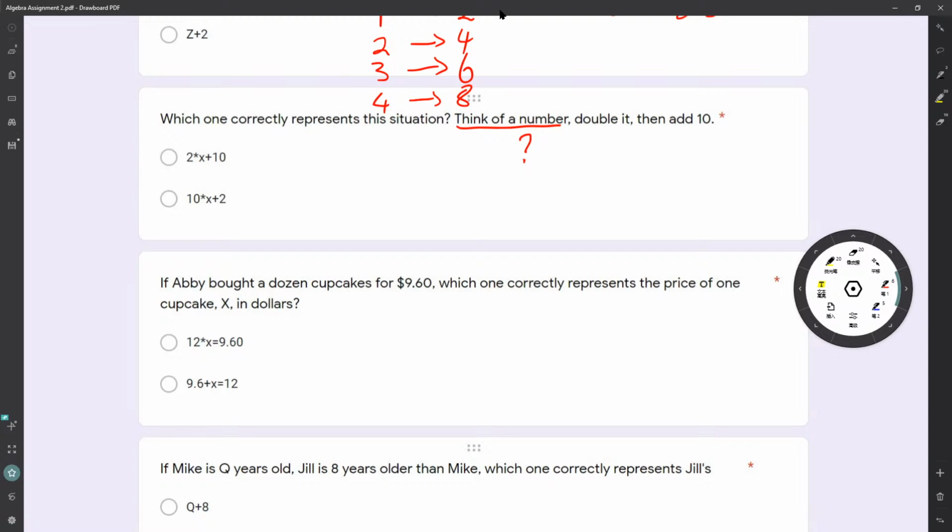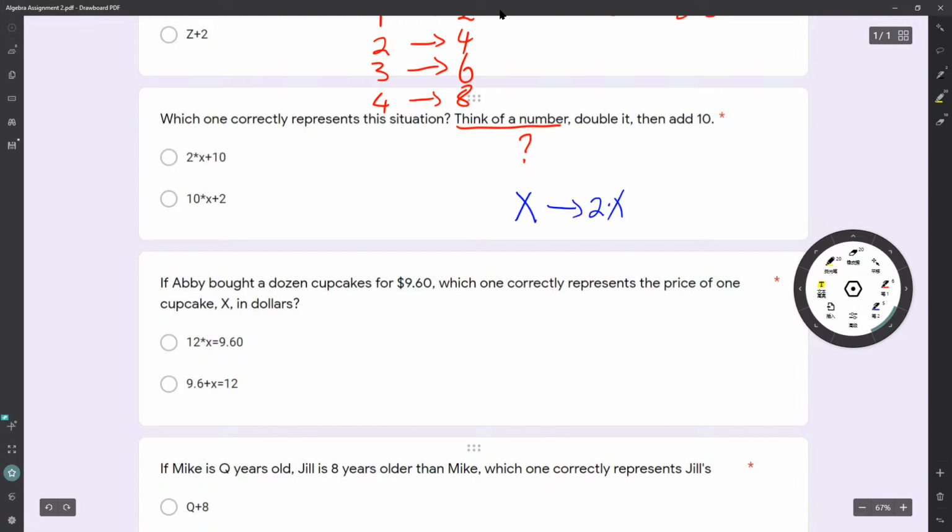So this is when we need to use algebraic thinking. We don't know this, but we will use a letter to represent this number. Whatever this number is, we use a letter to represent it. Let's use the letter X. Let's say X is the number you are thinking of, the number you have in your mind. Double that. Double means X times 2. That's double, right?